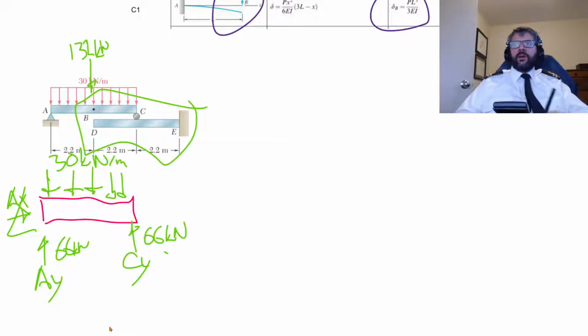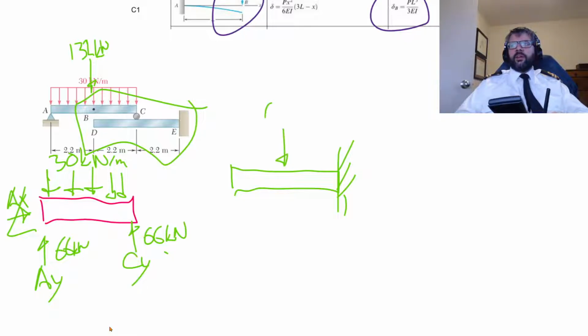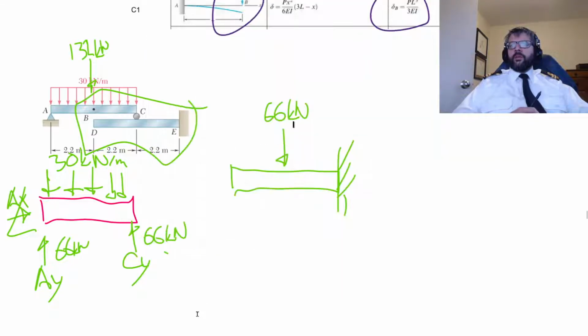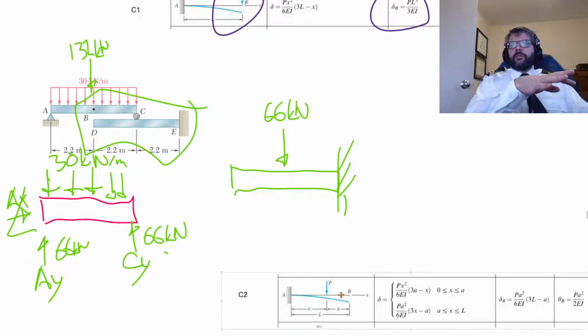Then, on this DE here, all that's going on here is we've got a 66 kilonewton force pushing downwards in the middle there. So, simple enough there. We can just figure out what the displacement is with our C2 case here.